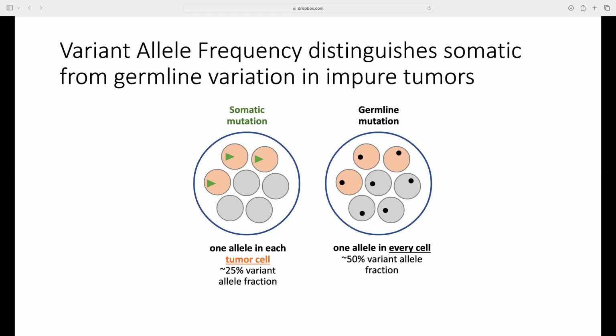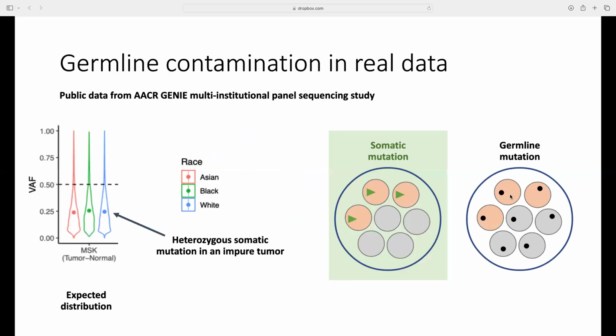don't contribute to TMB. And so an interesting observation that we made is when looking at different types of sequencing platforms, you actually can observe a different mix of the inferred somatic versus these false germline variants. And the way that we do that is by looking at the distribution of the variant allele fraction.